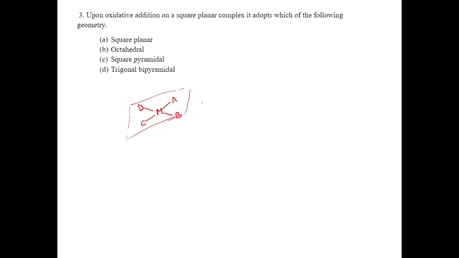Now, if it does an oxidative addition reaction, let's say PQ is the compound, it reacts with this and does the oxidative addition reaction. The bond will be cleaved and both parts will attach to the metal center, right?